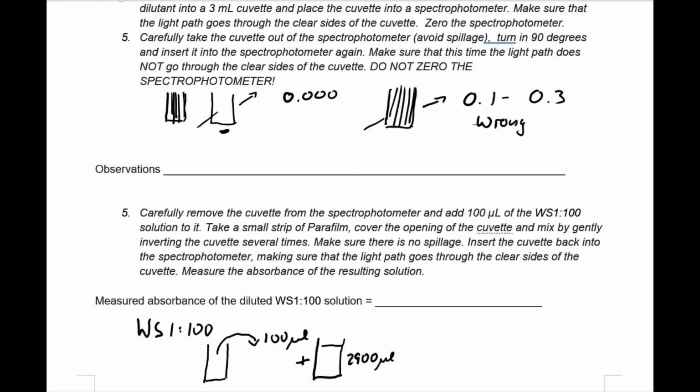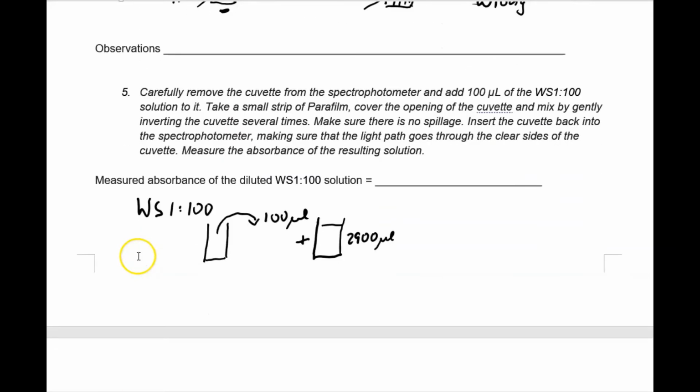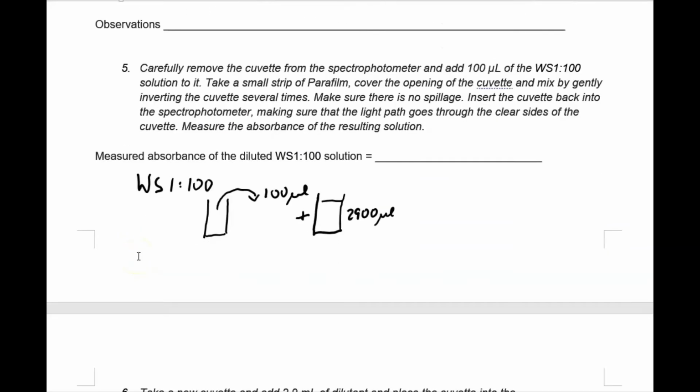So what we can do is we calculate now what the dilution factor would be. And that's quite easy. We can calculate the dilution factor because what we have done is we have taken 100 microliter of our working solution and we diluted these 100 microliter in a total volume of 3000 microliter.